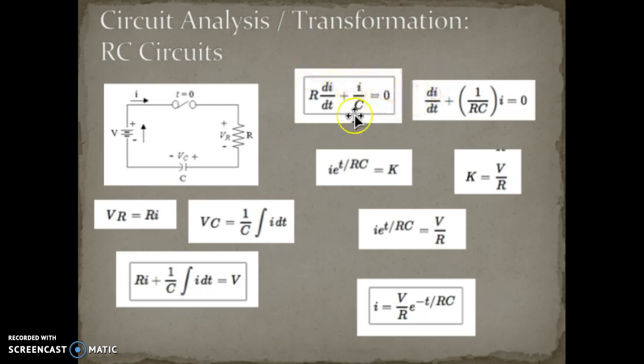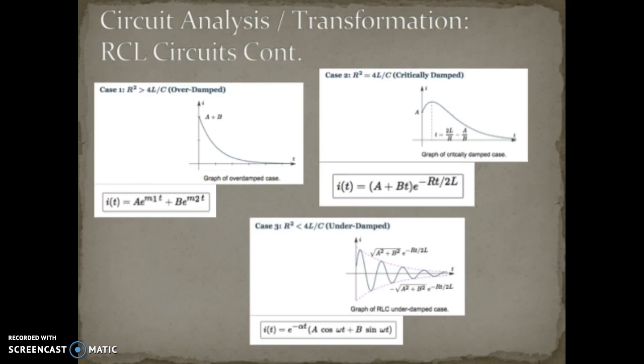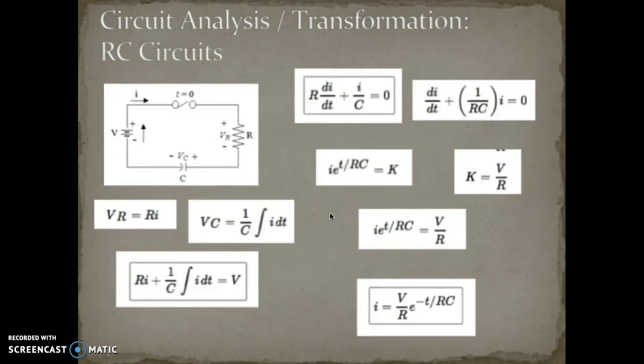We can find the differential equation giving us this, and we can apply the first order differential equation integrating factor of multiplication to simplify it, giving us this value. And we can apply the same rules for k as last time: when t equals 0, I should equal 0. Hence, we know that the value of k is voltage over R, giving us what the current should be.